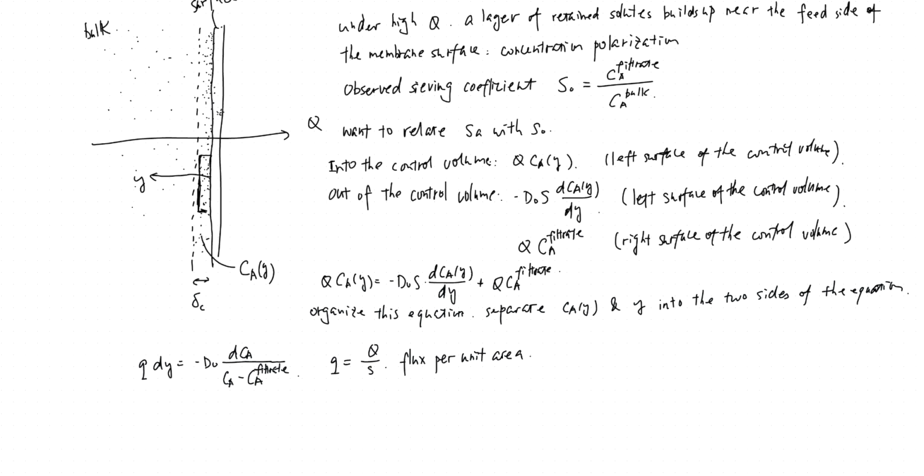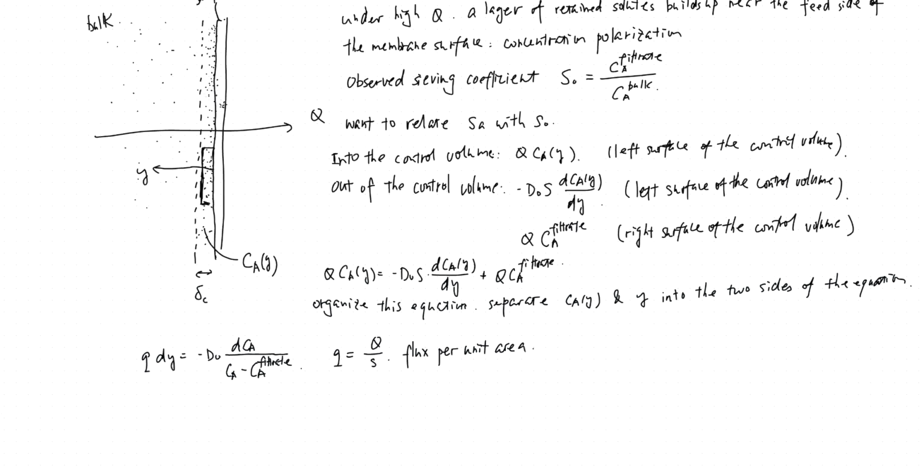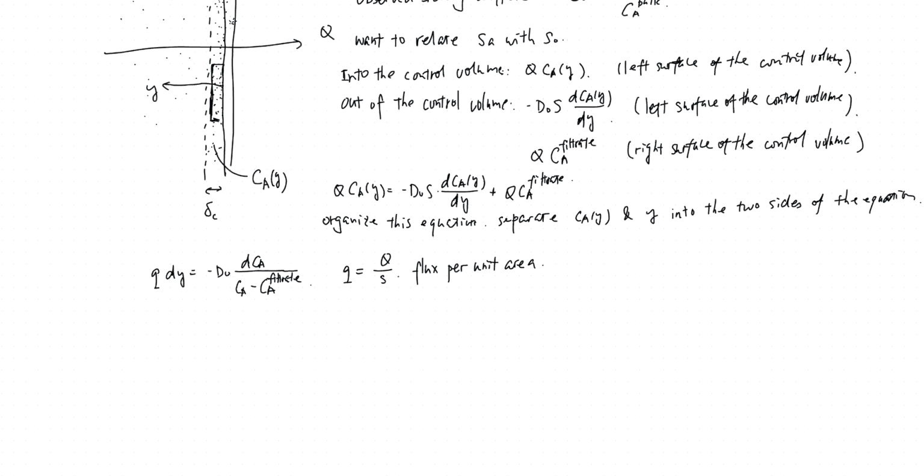Next you integrate over the boundary layer thickness. On the left-hand side you have Q integrated from 0 to delta C, dy, equals minus D naught.